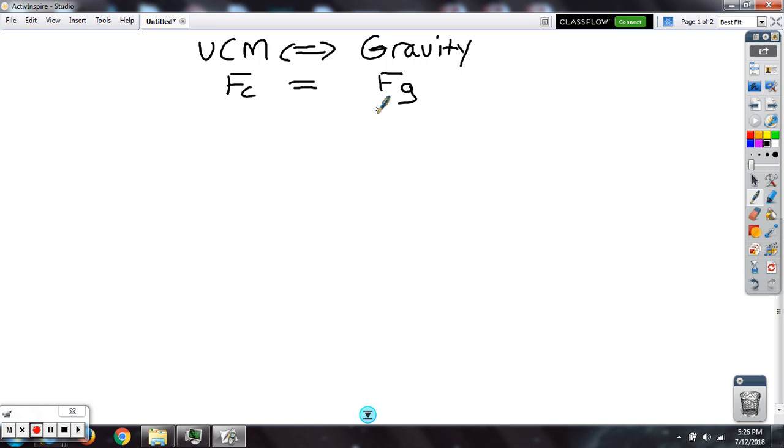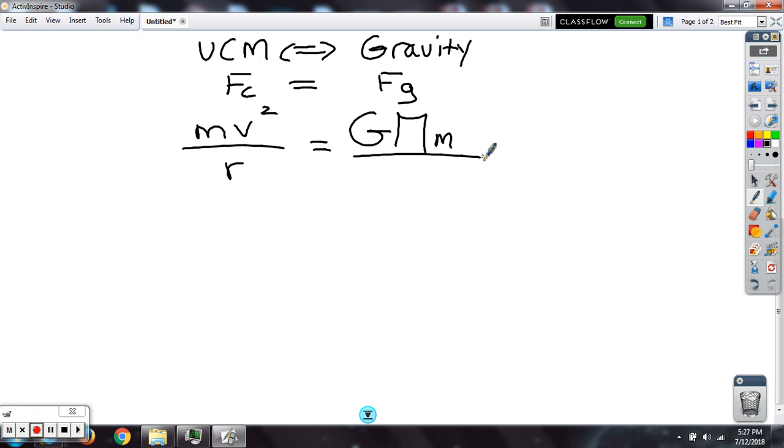Now, the centripetal force is the mass of the object that's in orbit times its tangential speed squared divided by the radius of its orbit. And that equals Newton's universal law of gravitation, which is big G, Newton's gravitational constant, times the mass of the object that the satellite's going around, times the mass of the satellite, divided by the distance between the big mass and the small mass squared.